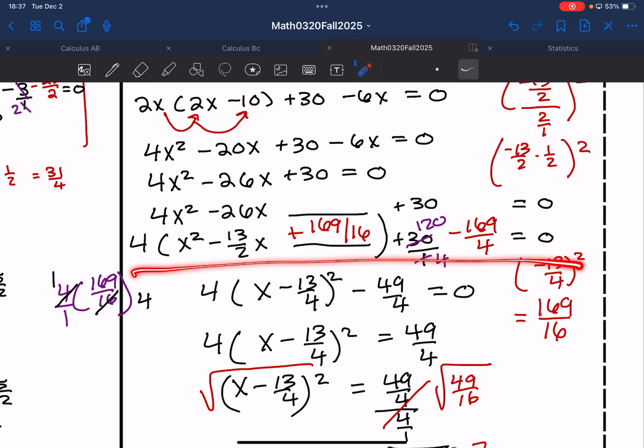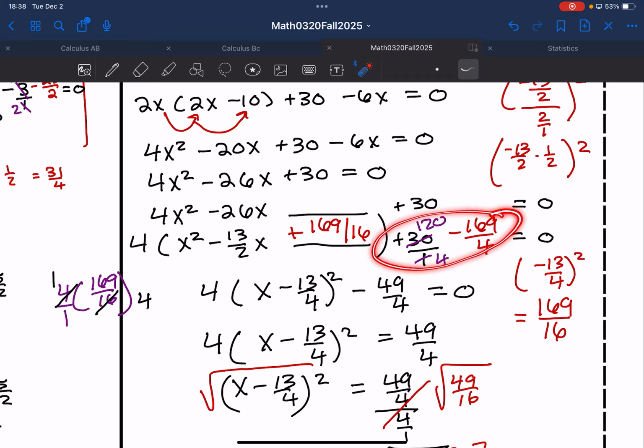Okay, since we found that missing n value, we can rewrite this as a perfect square, and that is x minus 13 over 4 squared. Okay. And then we combined this 30 and the negative 169 over 4. So we can't just combine it without turning it into a fraction. So that's what all this purple is right here.